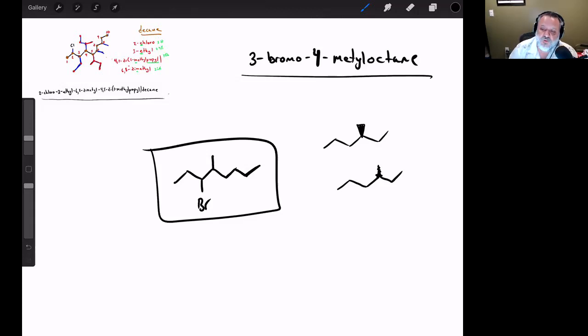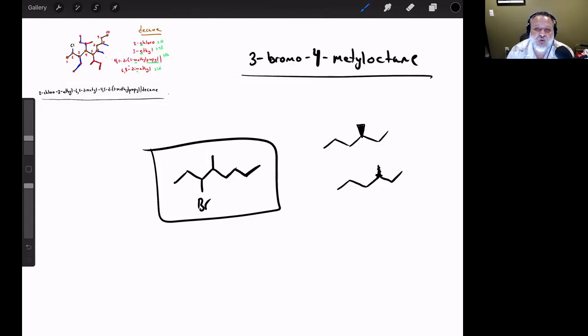So in this picture, we've got a methyl group at the third position along a hexane chain, but one of the methyl groups points towards you, one of the methyl groups points away from you. You find that these are actually different molecules, and so they have to be named accordingly.